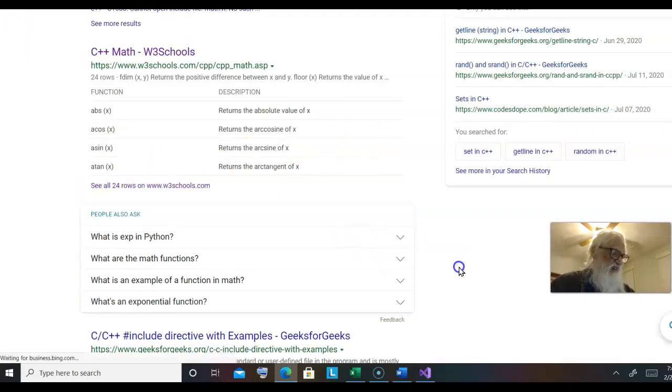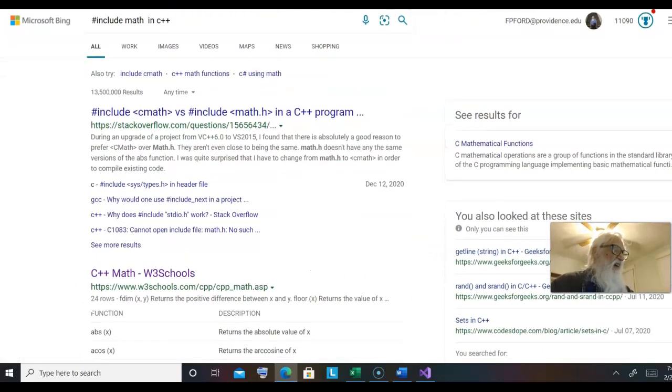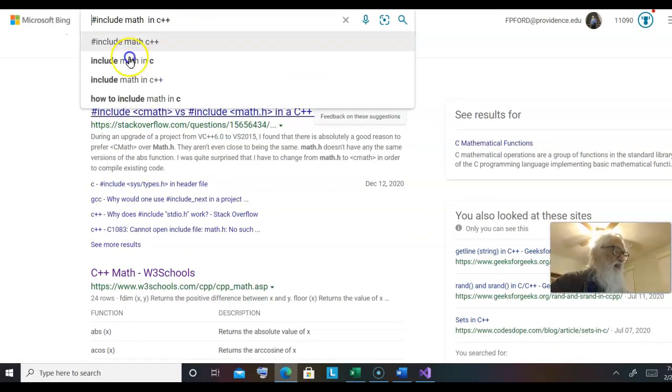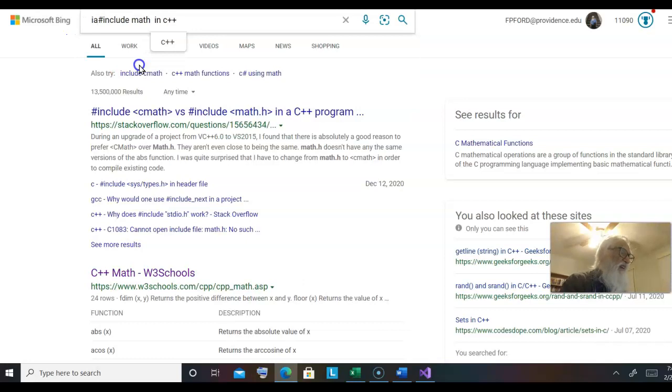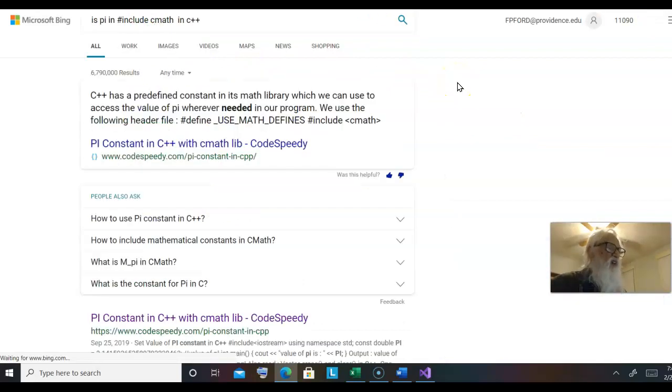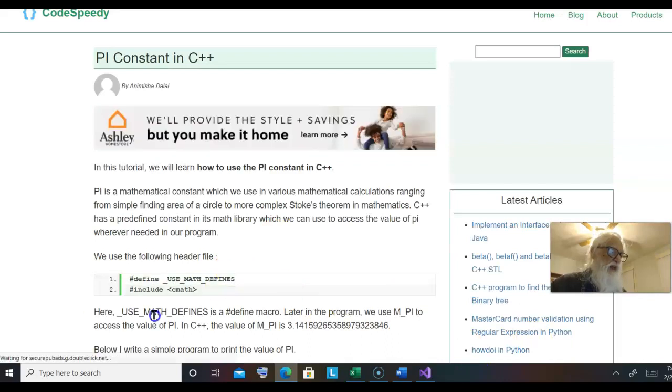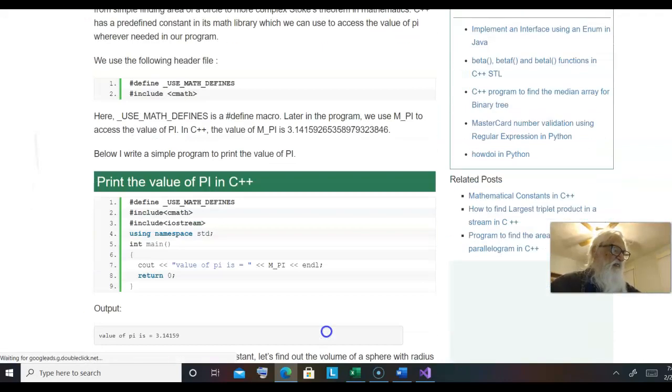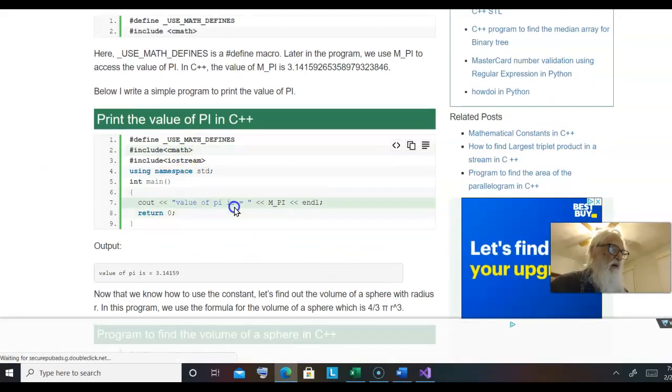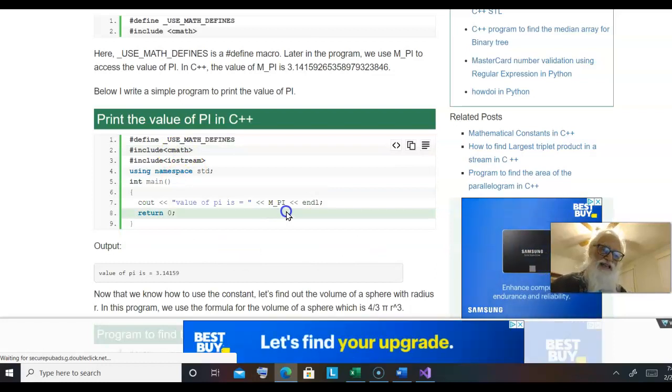I just have to search: is pi in C math? And it says the pi constant is M_PI.